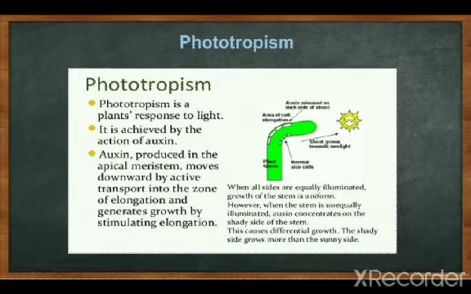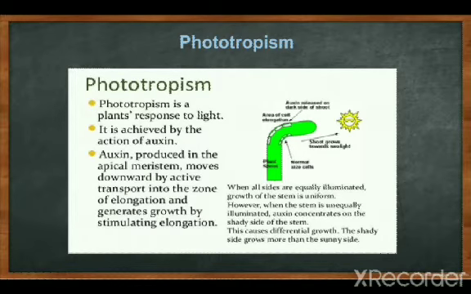After some days you see the observation. The first plant, which we kept in the open area where sunlight comes from all directions, will have grown straight.